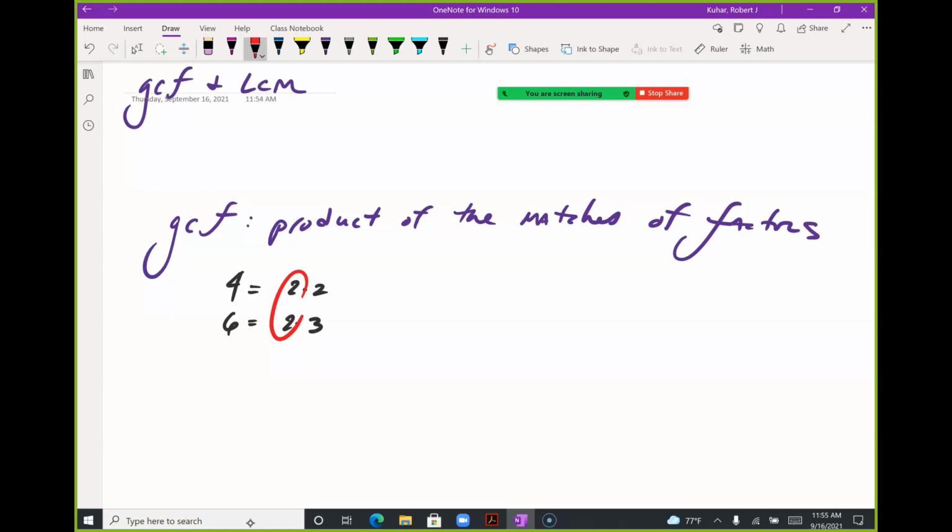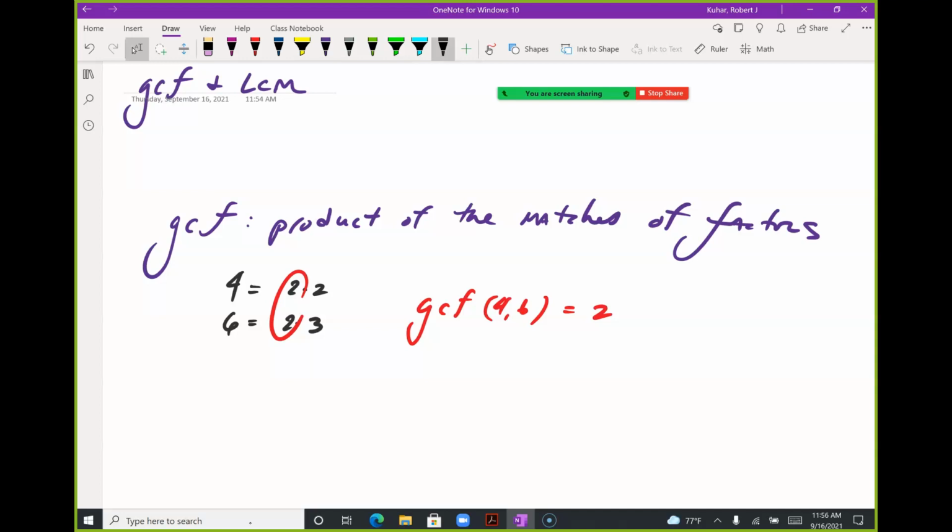I just want to take all of the matches and make a product out of them. So the GCF of 4 and 6 was just 2. Product of the matches of the factors. Of course, there's always a match of 1, right? Does that make sense?